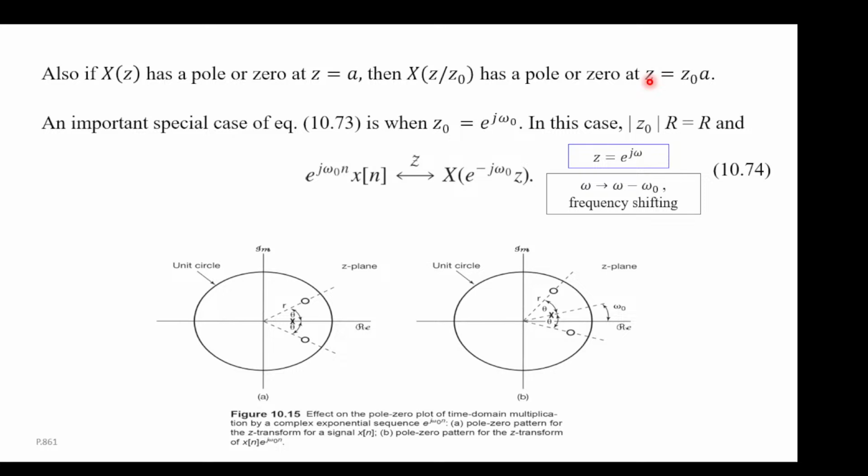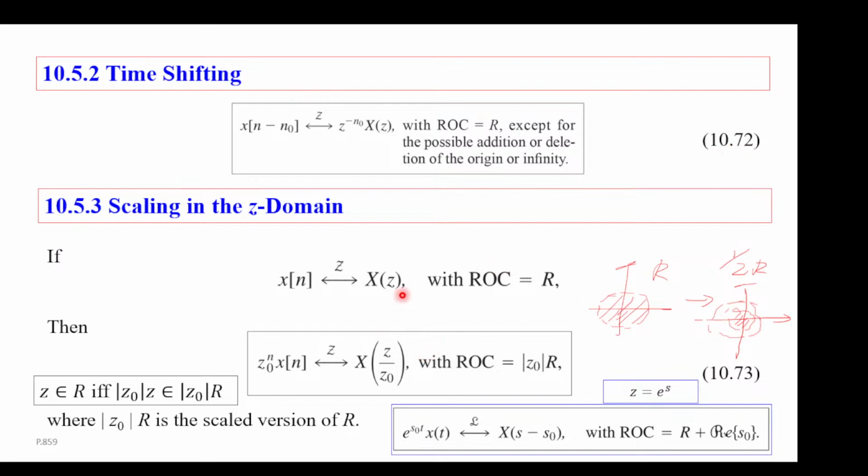So if you have a pole or zero at z equal to a, then the pole or zero shifts to z0 times a. And if we do that, then your big X of z becomes big X of z divided by z0.